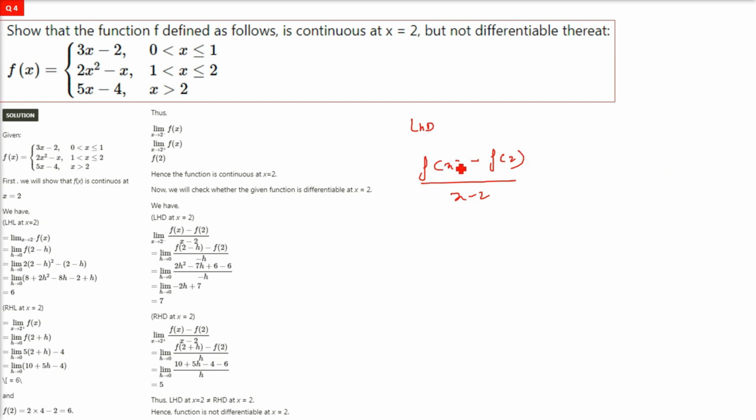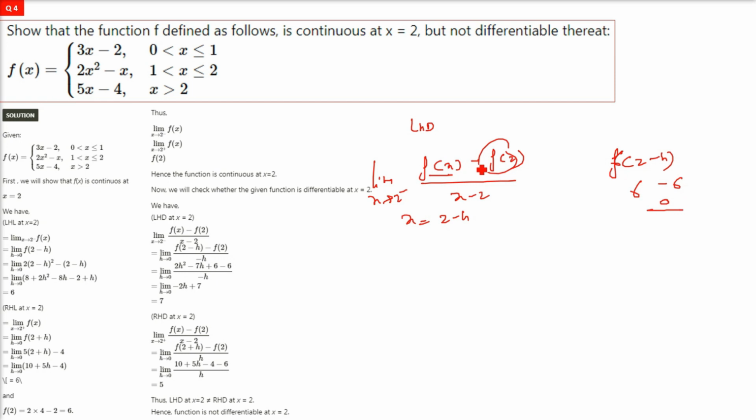Now you see, when we computed for the continuity, left hand limit, f(x) was what? 6. And what is f(2)? Again 6. 6 minus 6. So you're going to get a certain different result here, but we have to do it differently. We have to write x as 2 minus h here. f(x) we computed just now is 6, f(2) is 6.